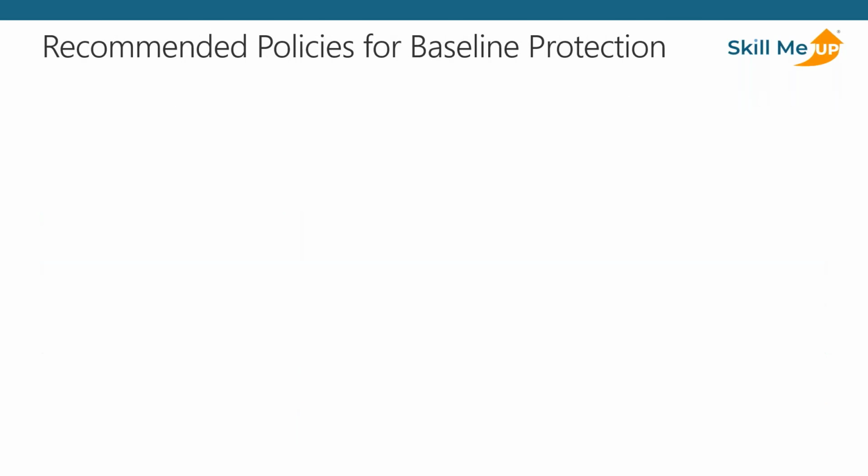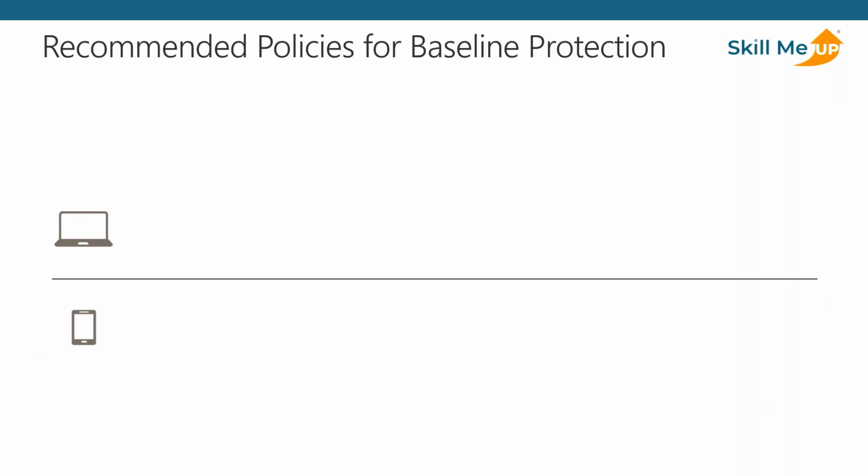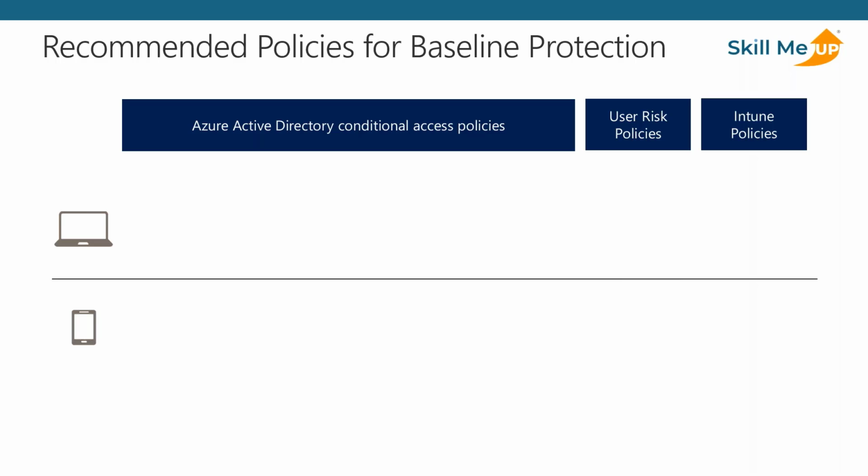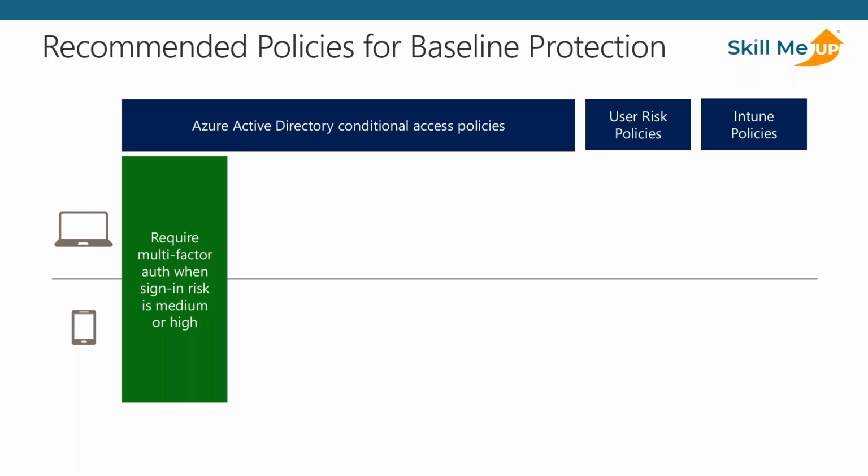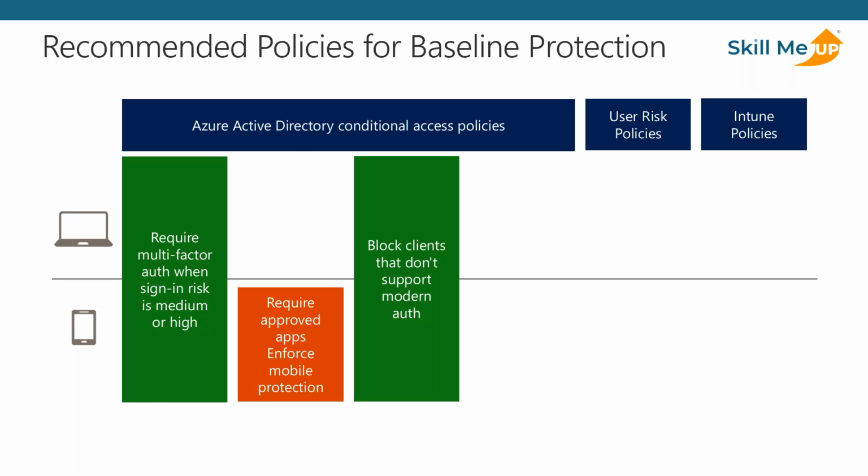Now, if we're looking at recommended policies for baseline, this is our starting point. If we draw this out here, we're going to utilize Azure Active Directory conditional access policies, user risk policies, and then Intune policies. We're going to require multi-factor authentication when sign-in risk is medium or high. We're going to require approved apps and then enforce mobile protection.